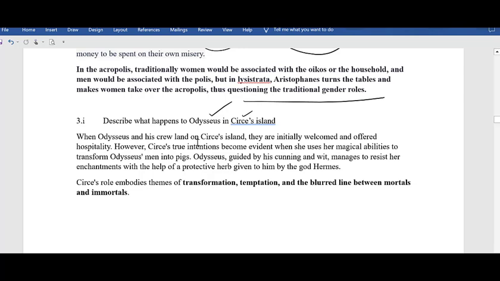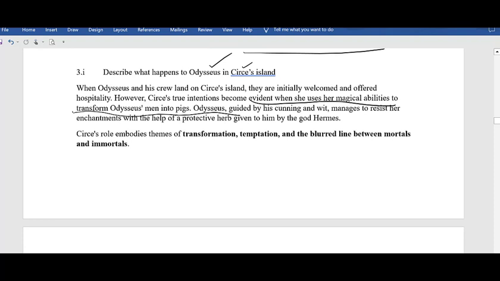So when Odysseus and his crew land on Circe's island, they are welcomed and offered hospitality. However, Circe's intentions become evident when she uses her magical abilities to transform Odysseus's men into pigs, and Odysseus, with his cunning and with his wit, manages to resist her and to evade the kind of authority that she has.